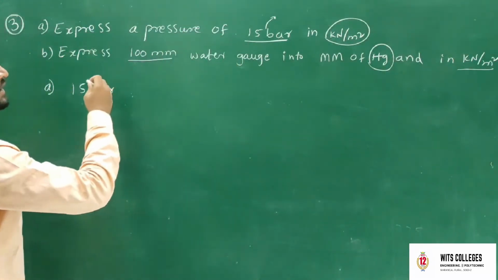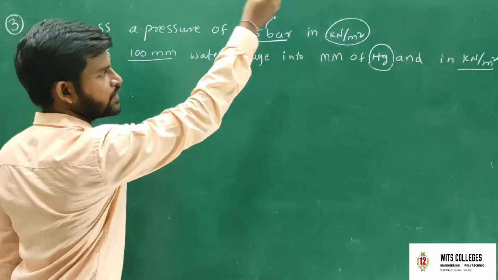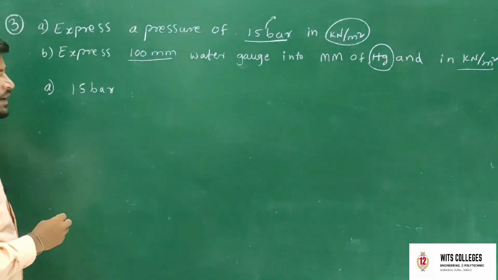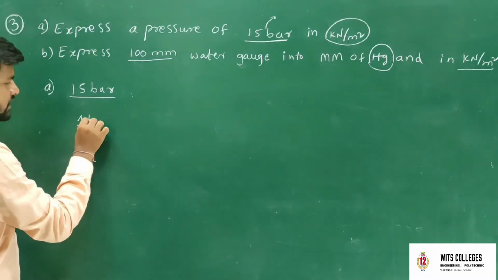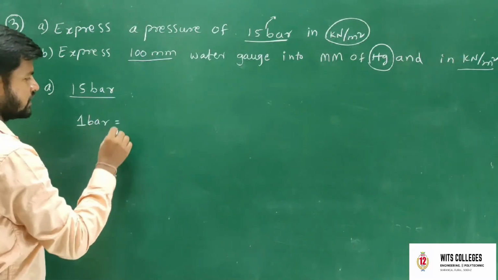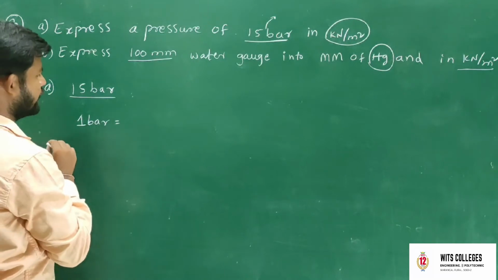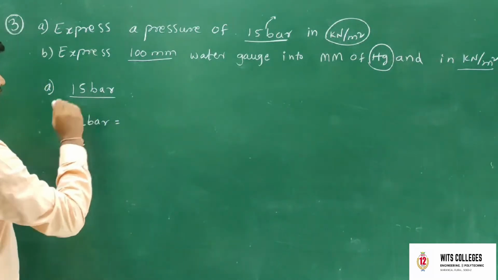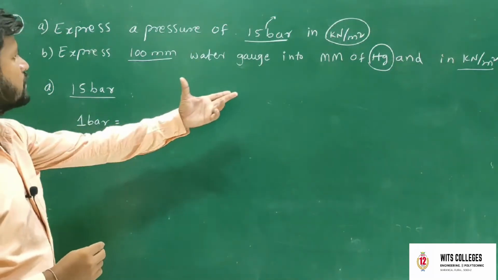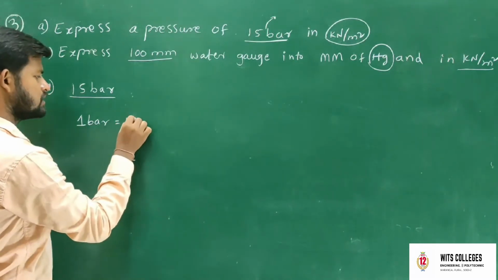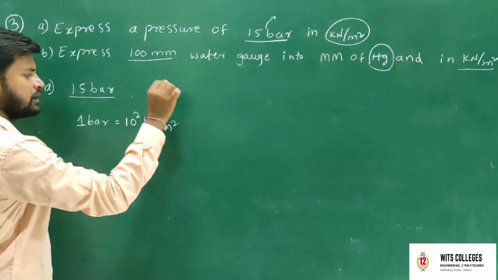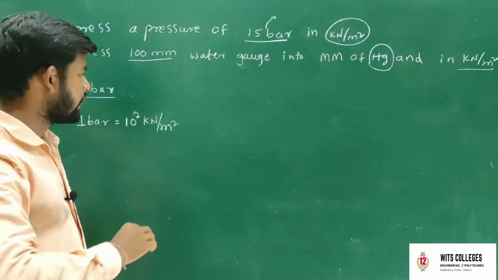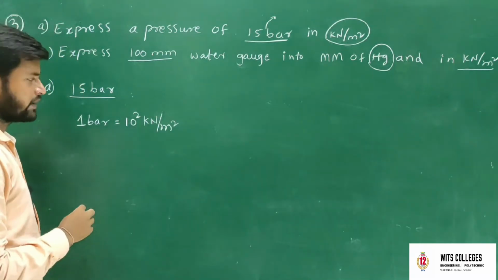First we see the 15 bar pressure, which will be converted into kilonewtons per meter square. Generally, 1 bar pressure is equal to 10 square kilonewton per meter square.